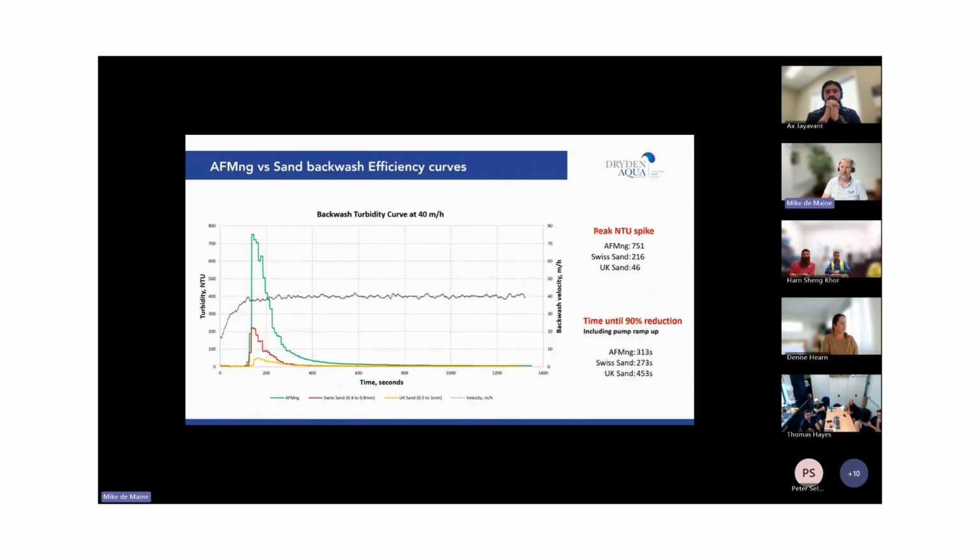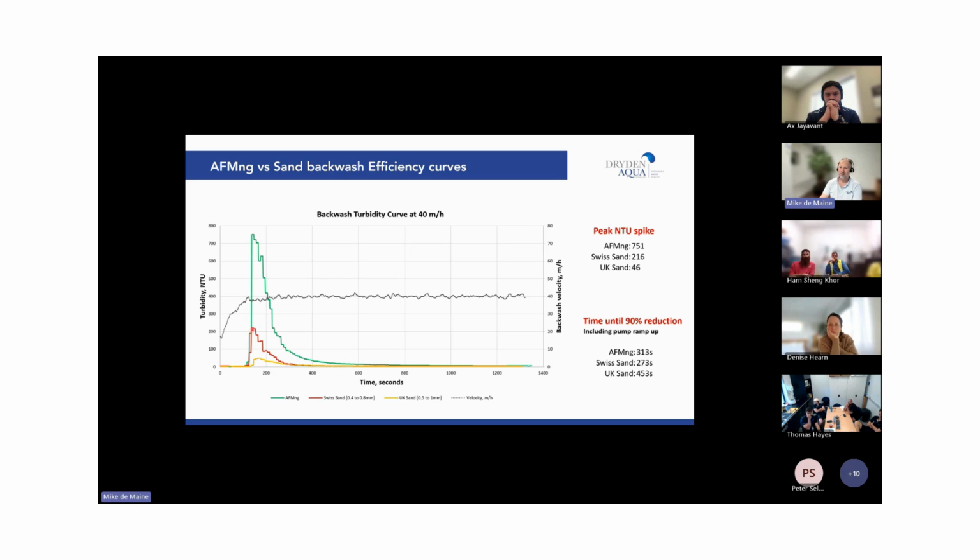Backwash turbidity curves. Again, we test everything. We use a test dust in all testing, and an internationally renowned test method when we're testing our own filter media and all other filter medias at the same time. Here you can see we did a turbidity test of backwash at 40 meters per hour.